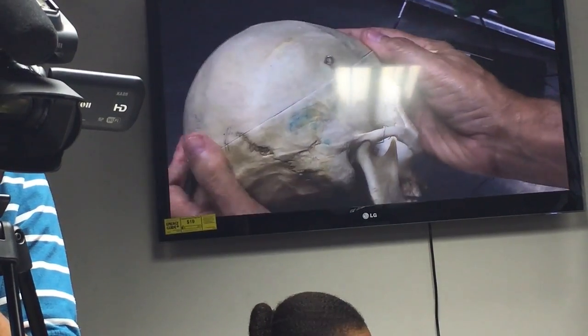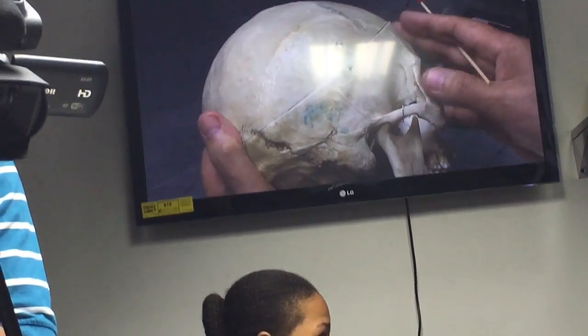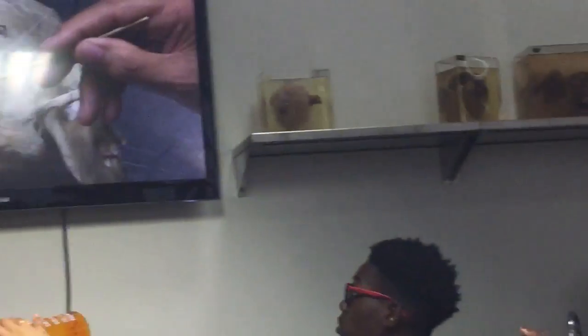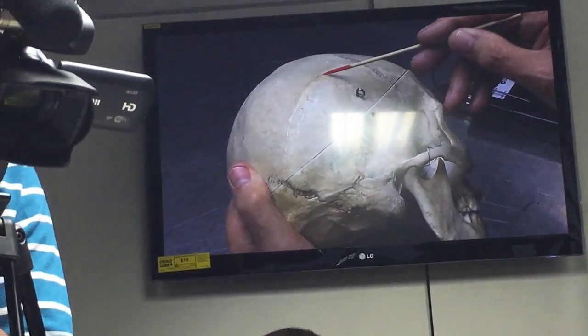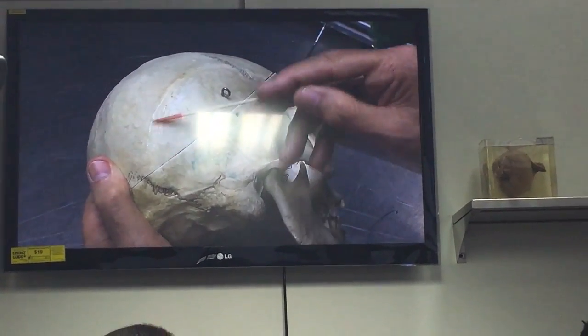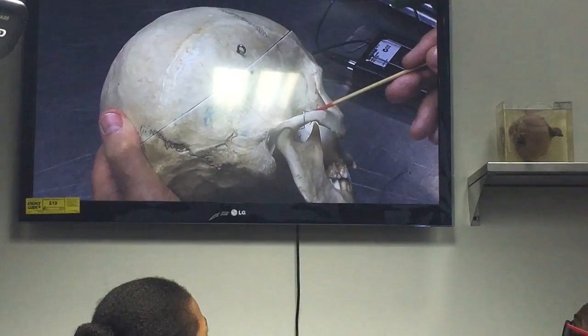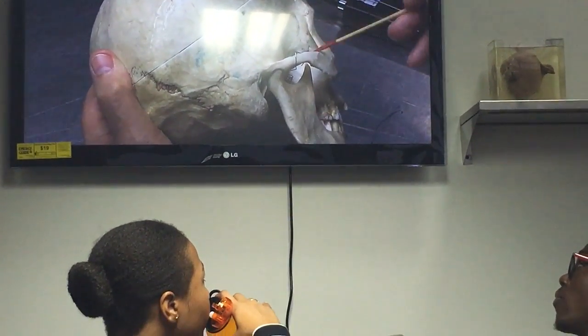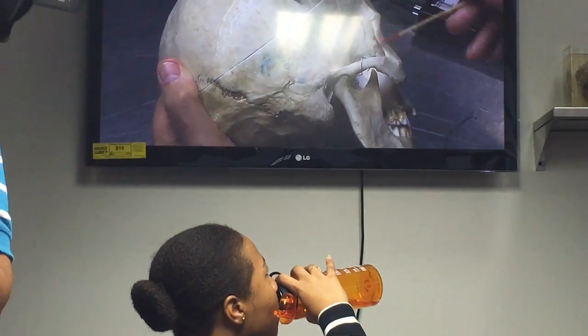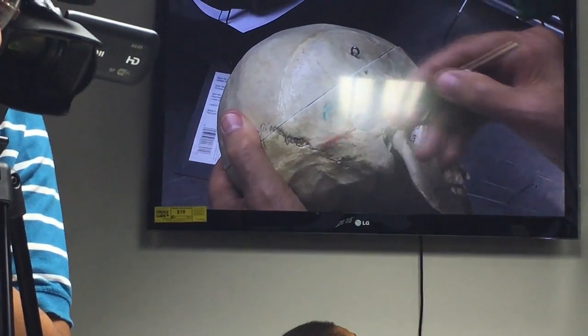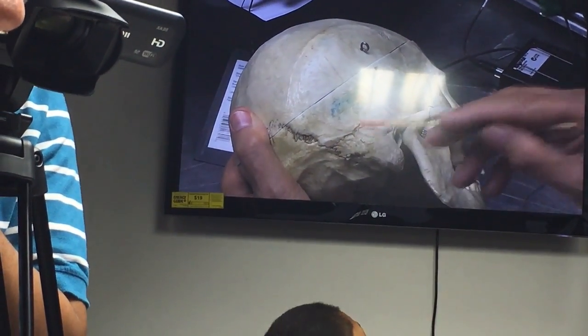I know that you've done this already when you did the temporalis muscle and the temporal fossa. But the temporal fossa is bounded by the external line here, the outer one, and then it goes down as far as the zygomatic arch and anteriorly to the frontal process of the zygomatic bone, and this external line or superior temporal line will go right back.